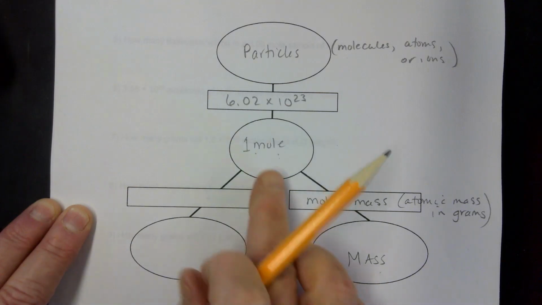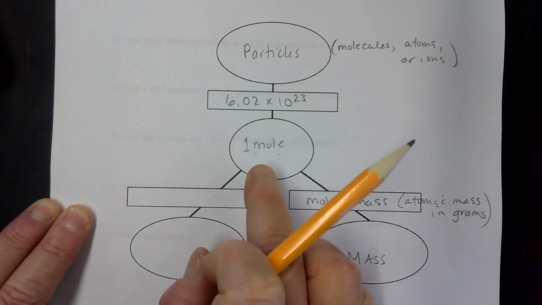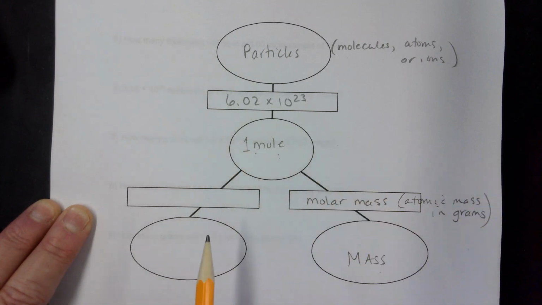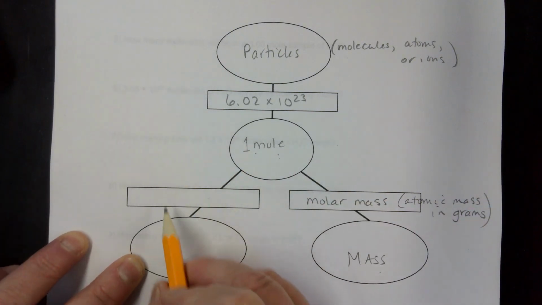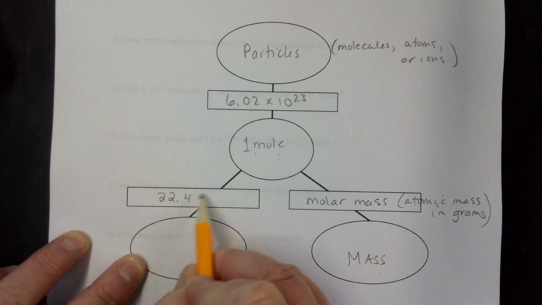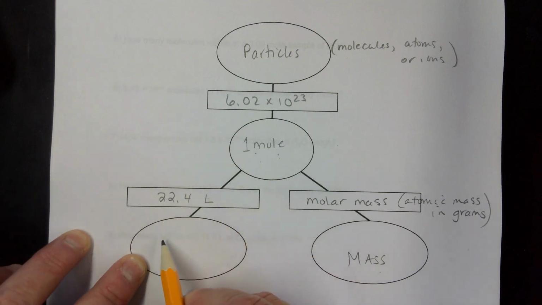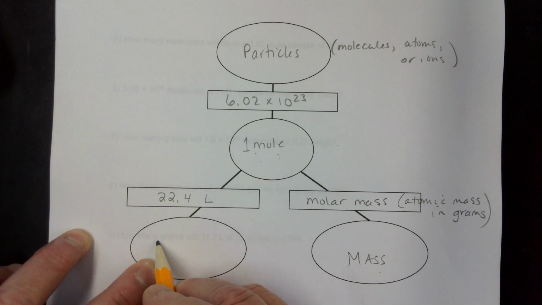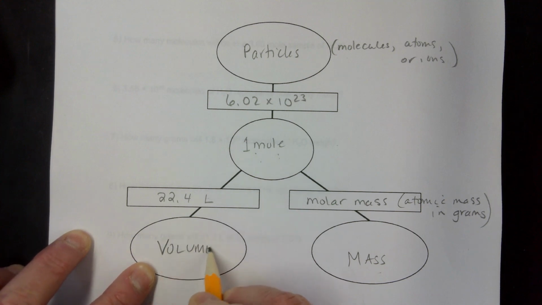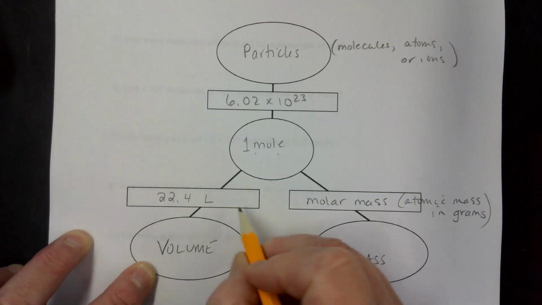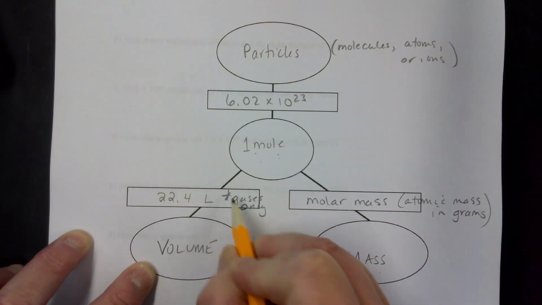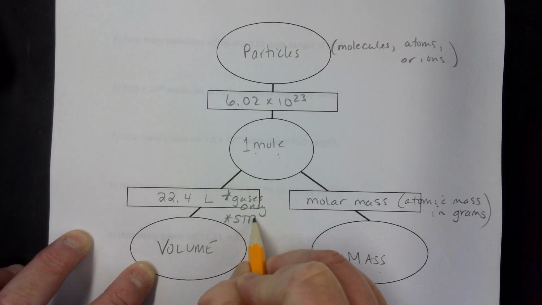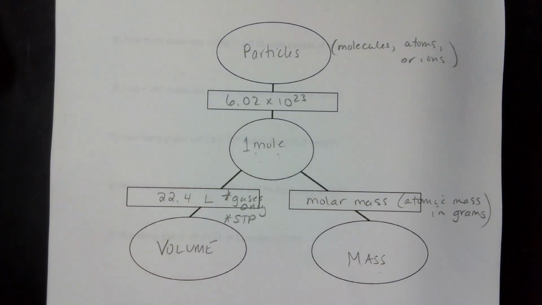So if you want to know the mass of something and you know how many moles you have, we're going to use molar mass as our conversion fraction. The third equality is 22.4 liters. 1 mole of any gas will have 22.4 liter volume. But this, of course, works for gases only. And it works only at STP conditions, which are normal conditions.